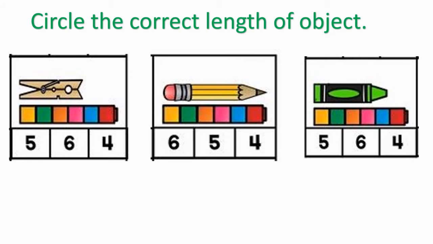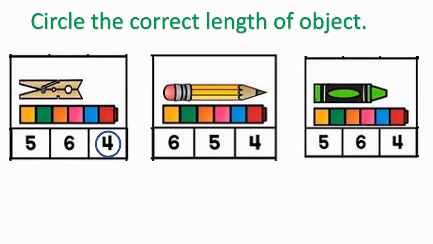Find out the measure of the clip using blocks. So the measure of one clip is equal to 4 blocks. Next, find out the measure of one pencil using blocks.